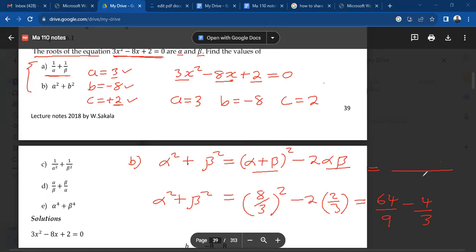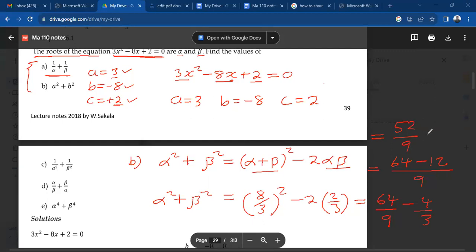So 9 in the denominator, then 9 into 9, that's 1, times 64, that will be 64, minus 3 into 9, that's 3 times 4, that is 12. Then we are going up, so that will be 64 minus 12, that should be 52 over 9.